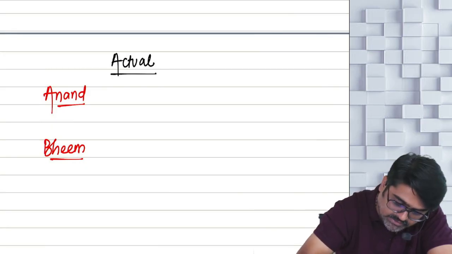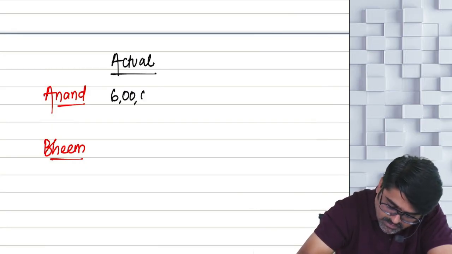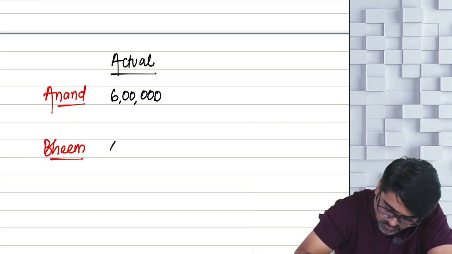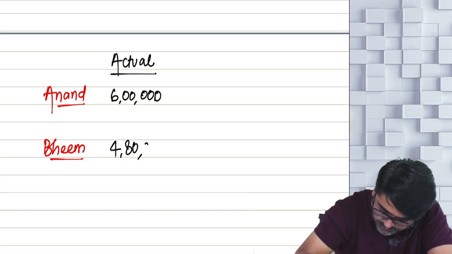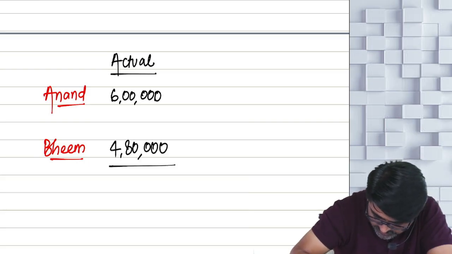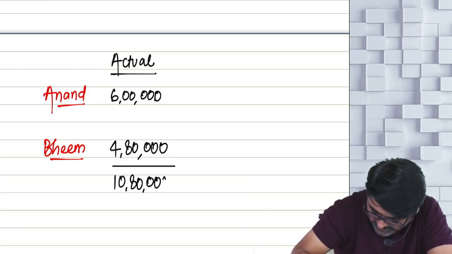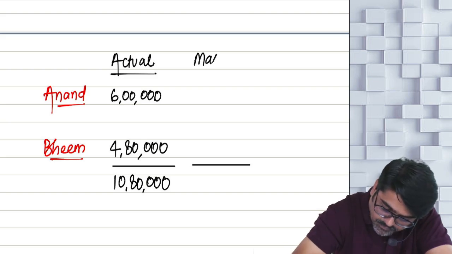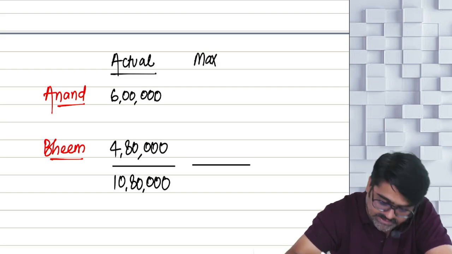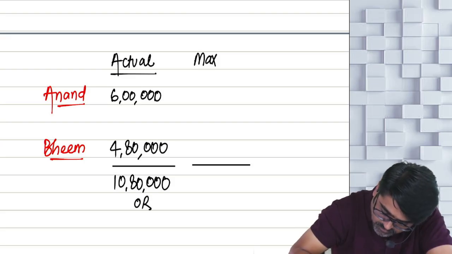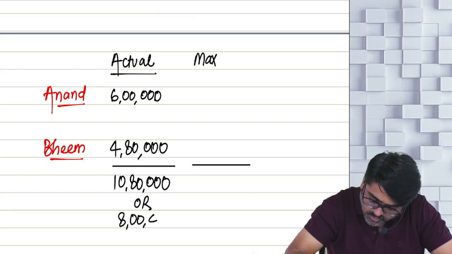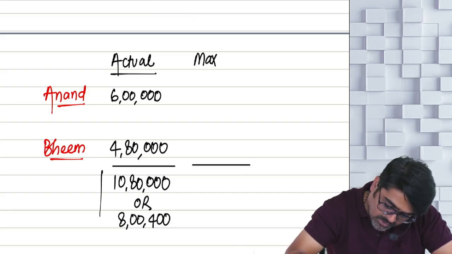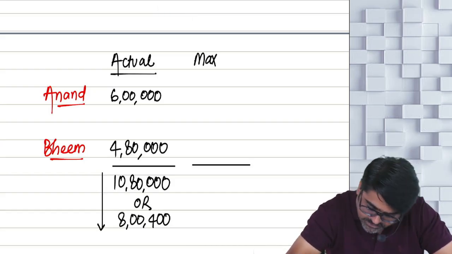Actual remuneration given is 6 lakh here, and here 4,80,000 was given. So total remuneration is how much? 10,80,000. But the maximum limit is what? The maximum limit is 8,400,000. So the remuneration for both of them cannot be more than 8,400,000.